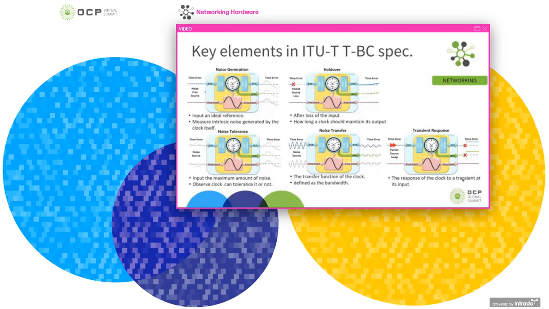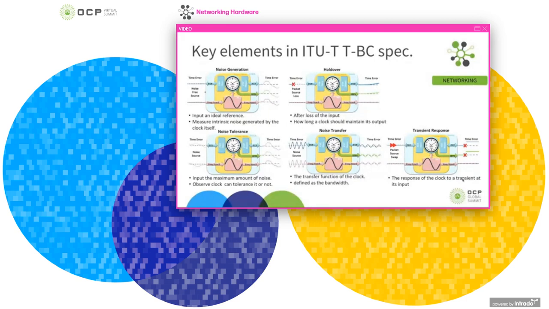In the ITU-T boundary clock spec, it provides 5 major test items in order to discuss the DUT and the whole system's relationship. The first one is noise generation. It means the overall system will provide a noise-free source to the DUT, to observe how much noise the DUT will generate into that system.